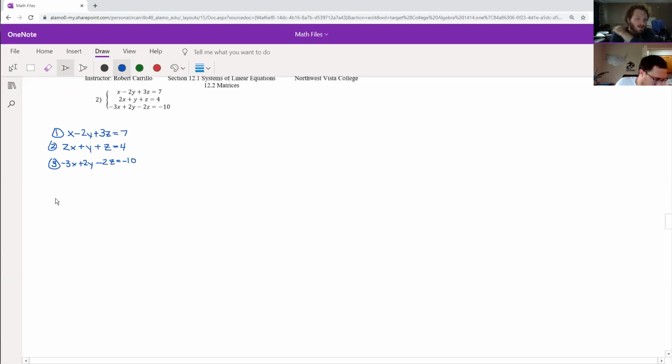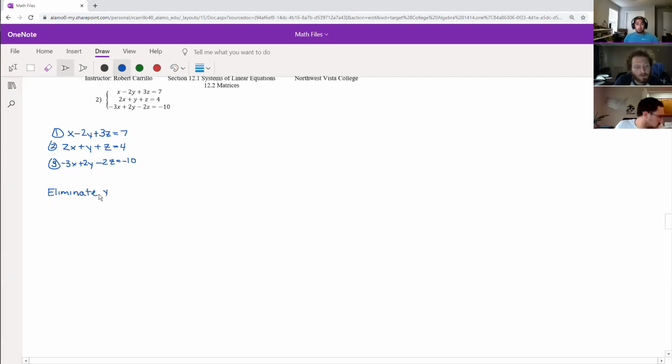Well, why don't we get rid of y? Because y looks like it's going to be the easiest to get rid of again. Y's look the best. So let's eliminate y between 1 and 2.